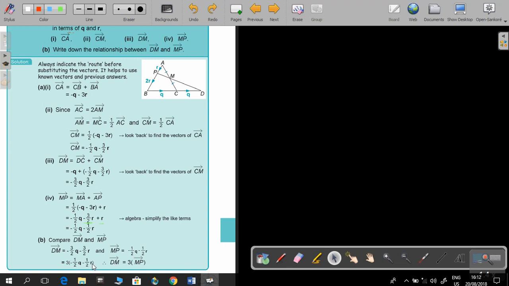Then I'm left with this. If I divide by 3, then I'm left with this. And if I compare, I can say that this is the same as this. So therefore, I can say that DM is 3 times MP. And that's what they want. Okay, so it's parallel vectors, but the one is 3 times as long as the other one.